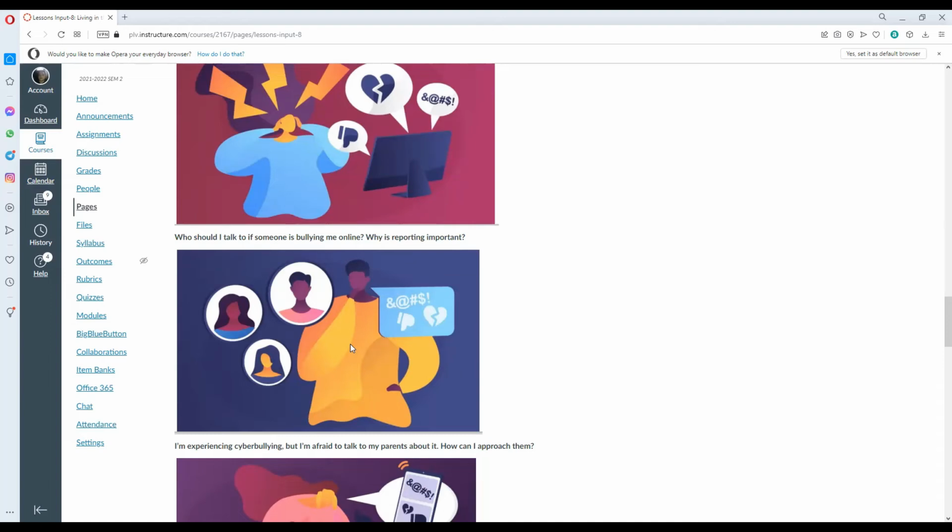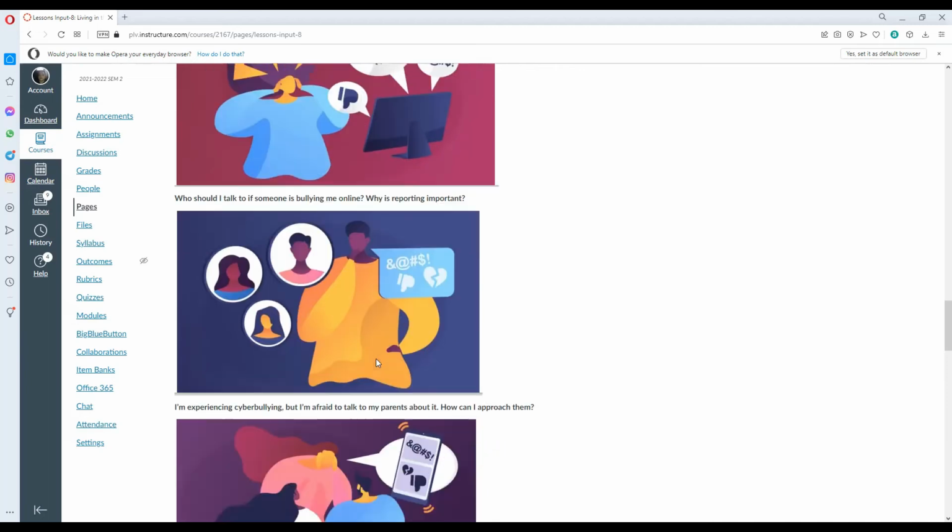Remember, do not keep your emotions to yourself. Let others know what is happening to you. And you need to report the users who are harming you by doing cyberbullying. You must remember to report them.